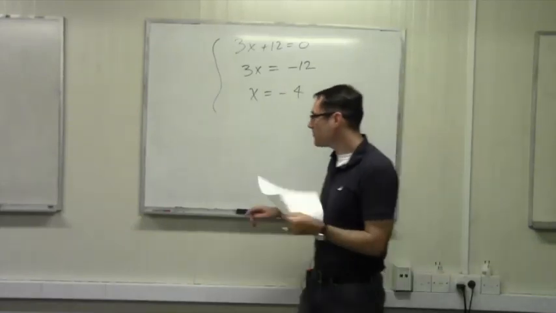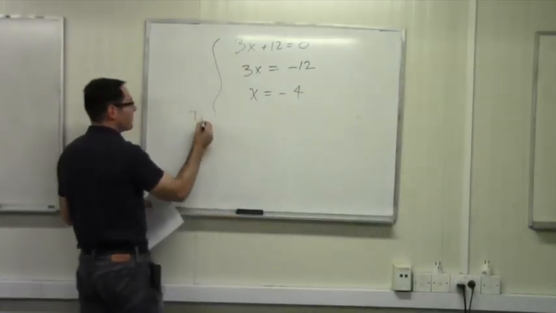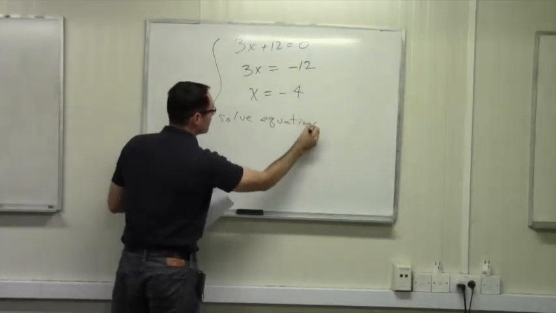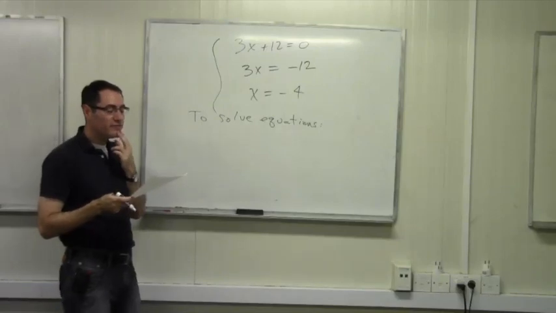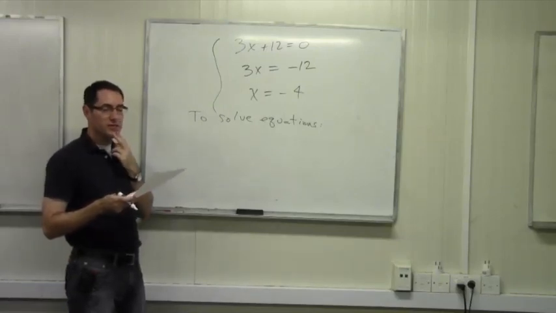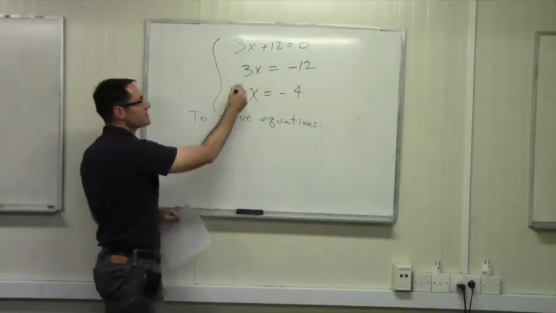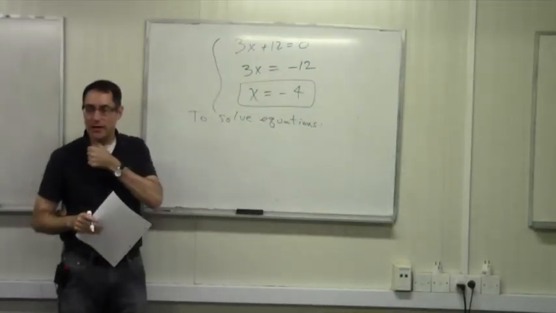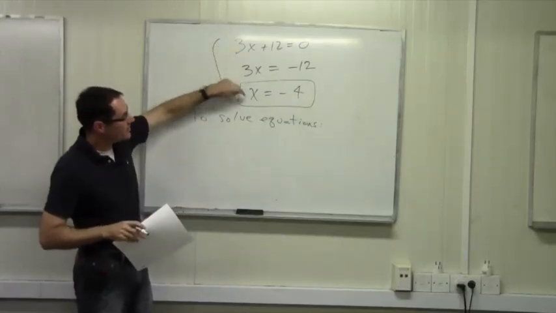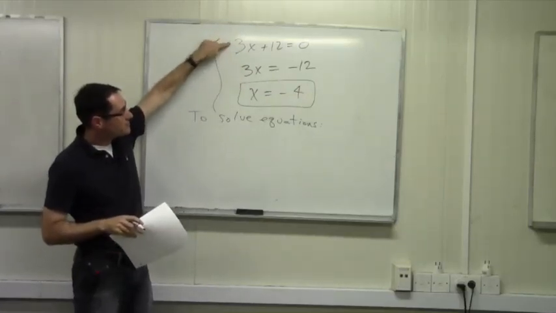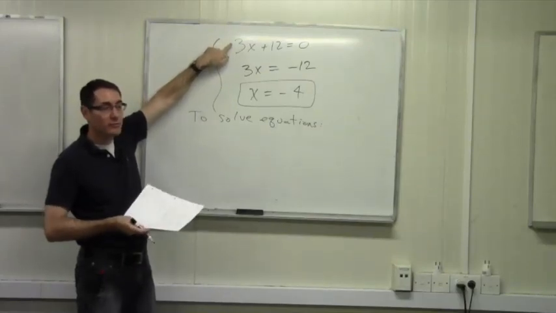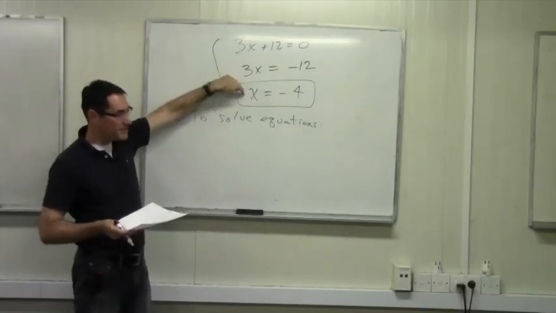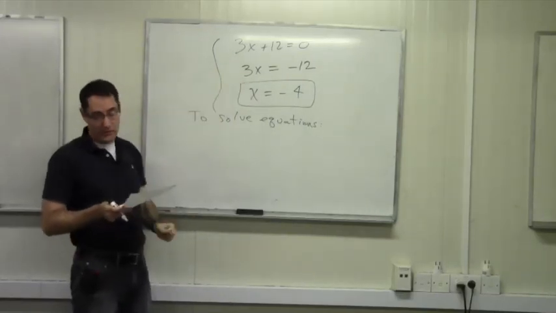Now, to solve equations, what we do is we convert to equivalent equations until we get a solution that's obvious. This is considered an obvious solution because it tells you the answer. If you go through a conversion process from this not so obvious equation, unless you're really good at arithmetic, to this one, which is obvious because it tells you what the answer is, that's called solving the equation.